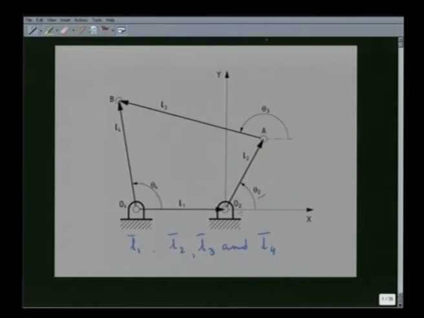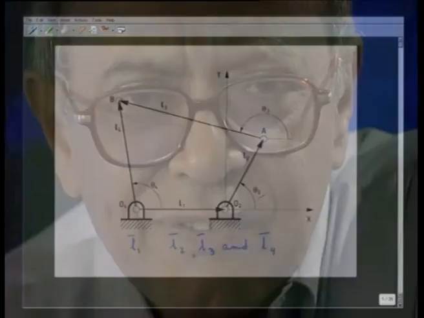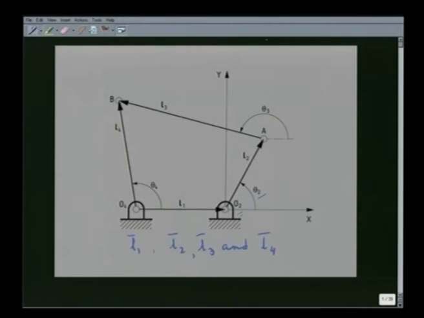These vectors are shown by these arrows in this diagram. Now, the angles that these vectors make with the x axis are used as the reference angles to determine the orientation of these vectors, that is theta 2, theta 3 and theta 4. Theta 1, that is the angle made by O4O2, the vector L1, with the x axis, is obviously 0.